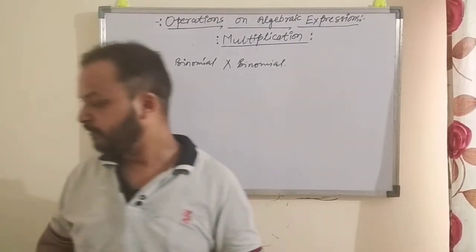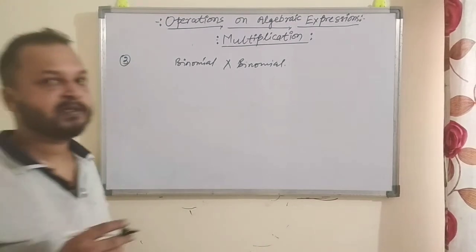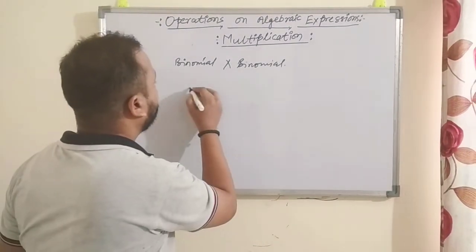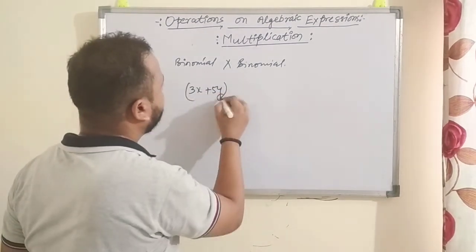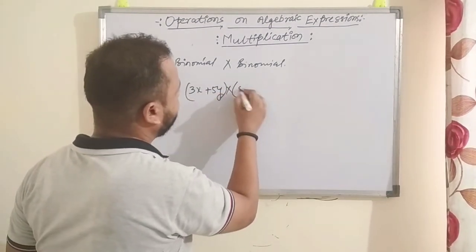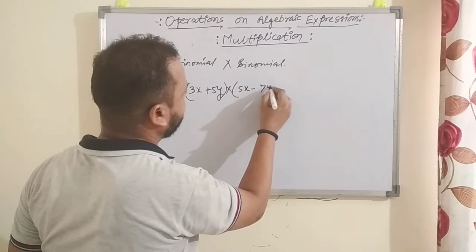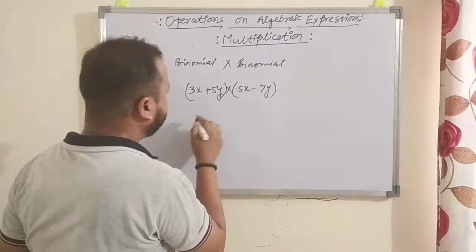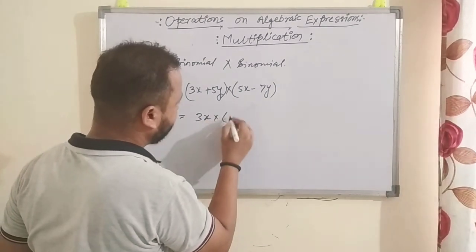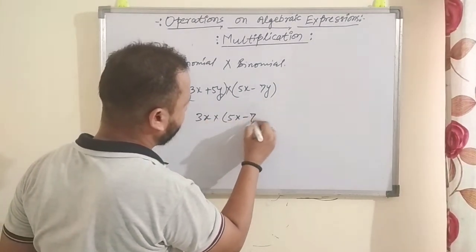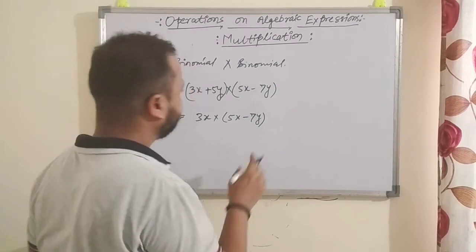3x plus 5y is being multiplied with 5x minus 7y. So 3x is being multiplied with 5x minus 7y, right?